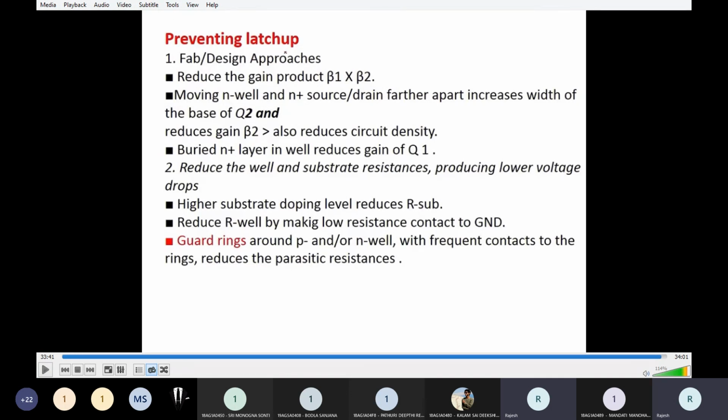So this covers certain topics of Unit 1. You can ask any questions if you have.